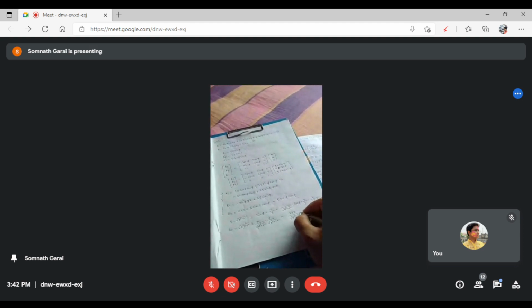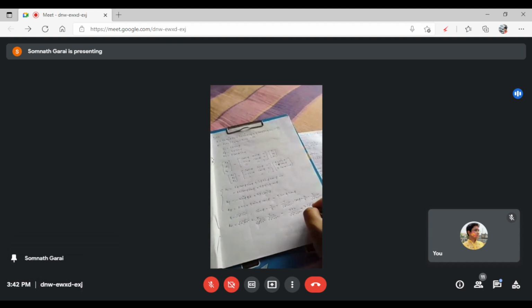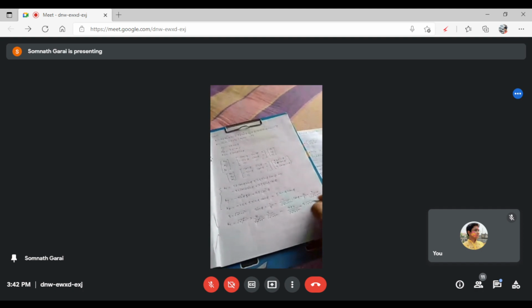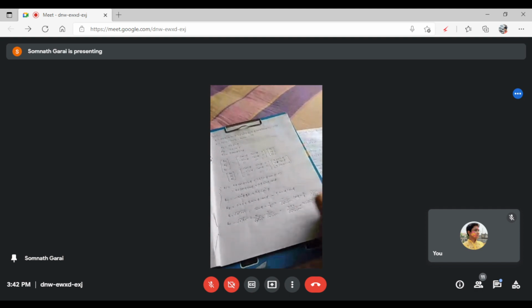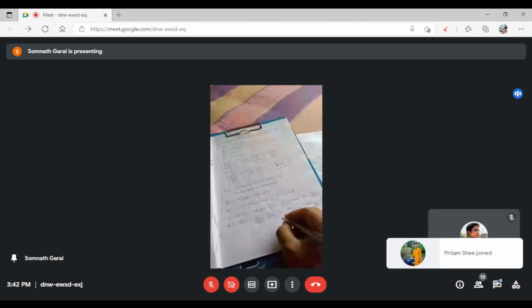That means another part, plus 3 rho. Rho means root over x square plus y square, sin phi means y by root over x square plus y square, into cos phi, that means x by root over x square plus y square. So this will be cut down.